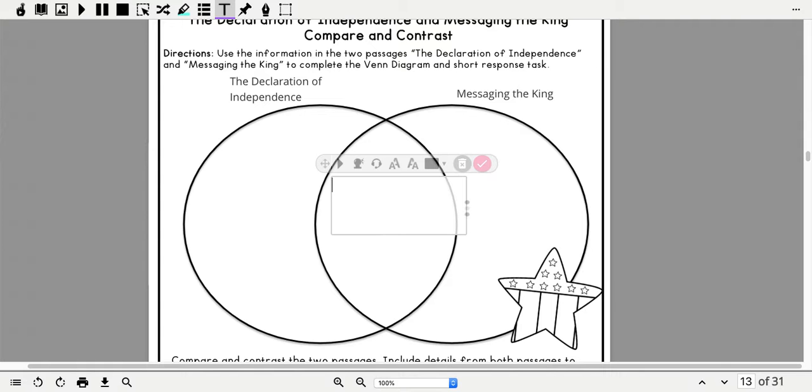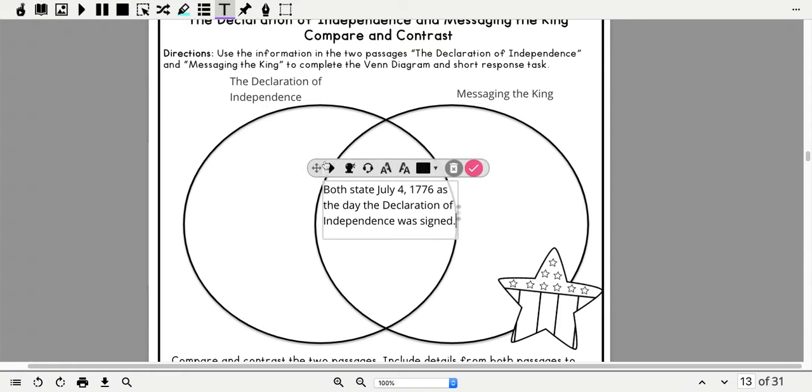We can say both talk, all state July 4th, 1776 as the day the Declaration of Independence was signed. Okay, so that's something they have in common.